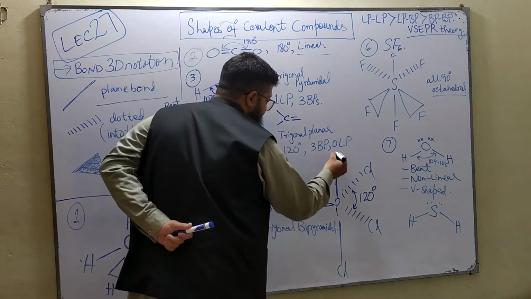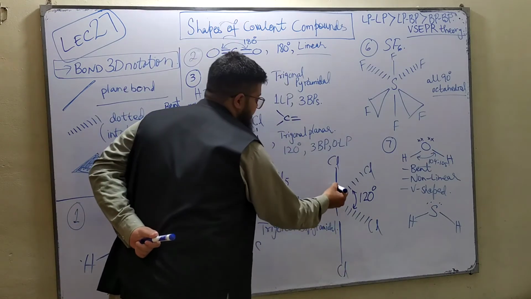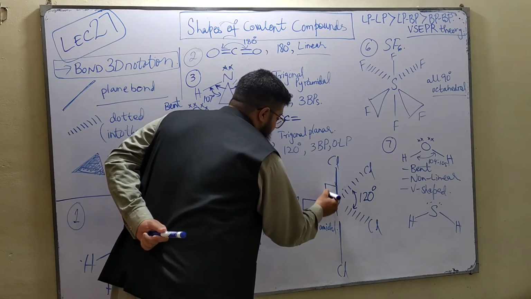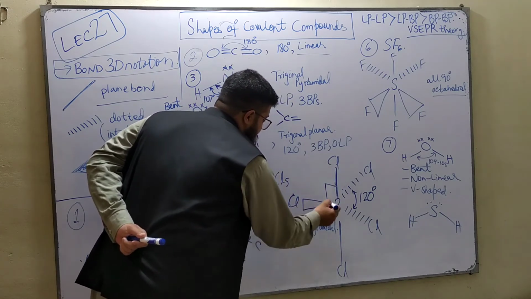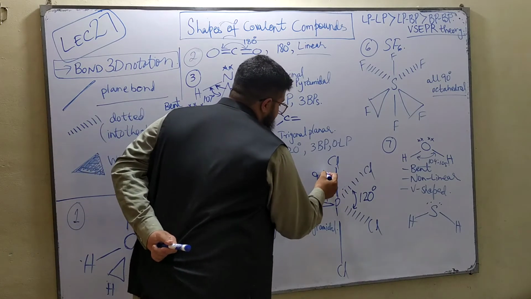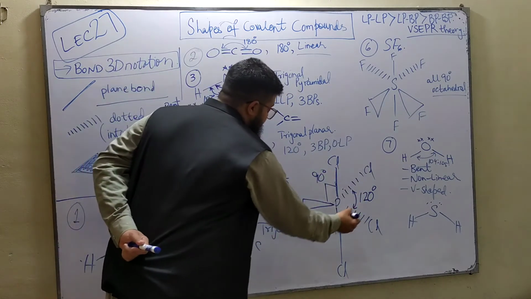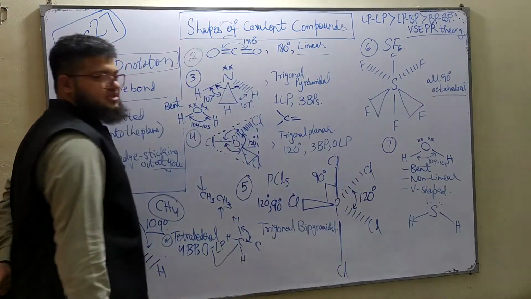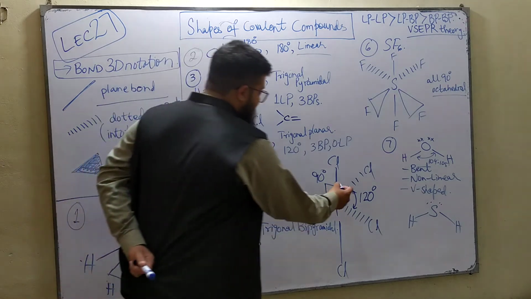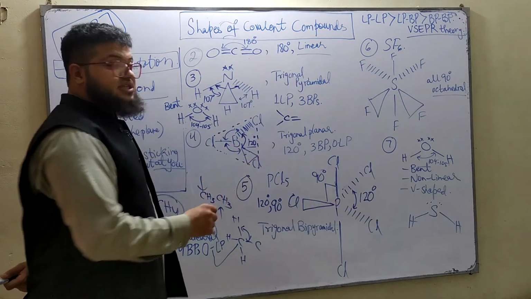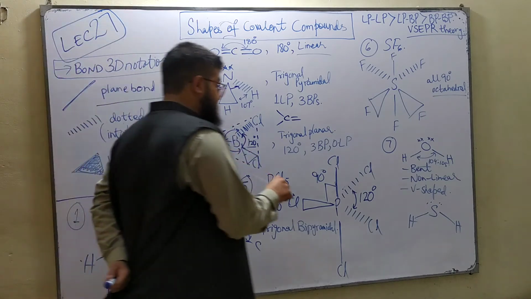The angle between the chlorine on top and the chlorine at the bottom, in between this bond and the third chlorine atom over here, is going to be 90 degrees, and the angle between the original three chlorine atoms which were in this plane is going to be 120 degrees. Clear? Why is this 90 degrees? Because it's perpendicular to the plane in which the other three chlorine atoms are already present, okay.